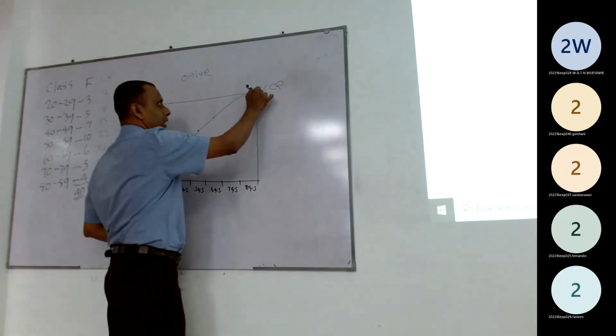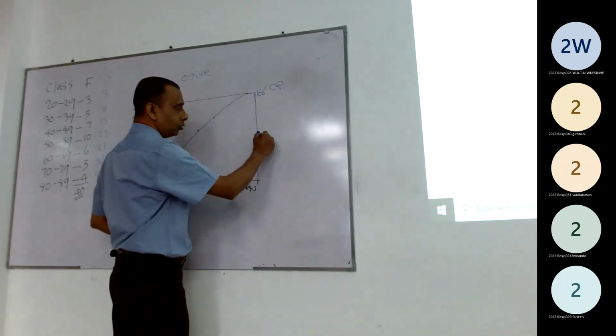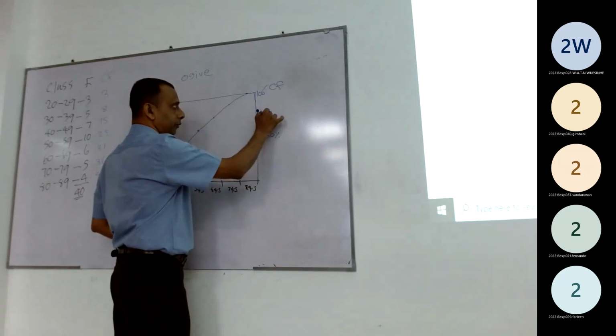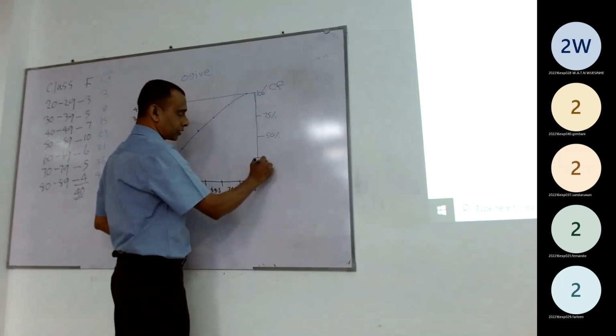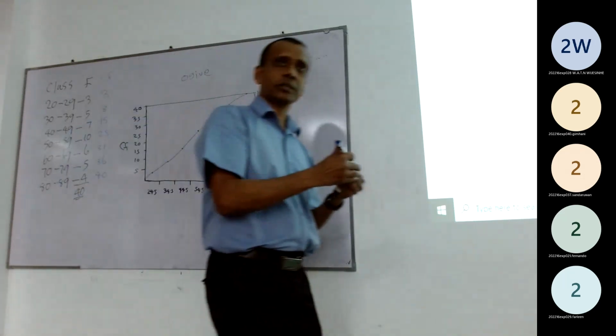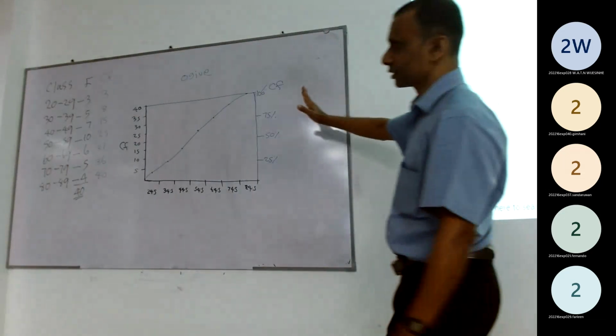Then I can take this as 100%. By using a ruler, you divide by 2: 50%. Half of this is 75%, half of this is 25%. Like that, if you want, you can present percentage cumulative frequency. It is not compulsory.